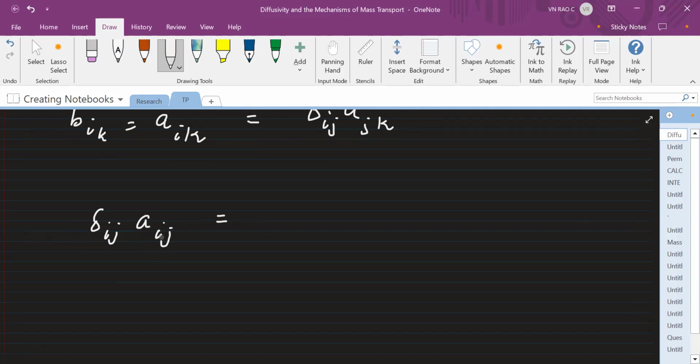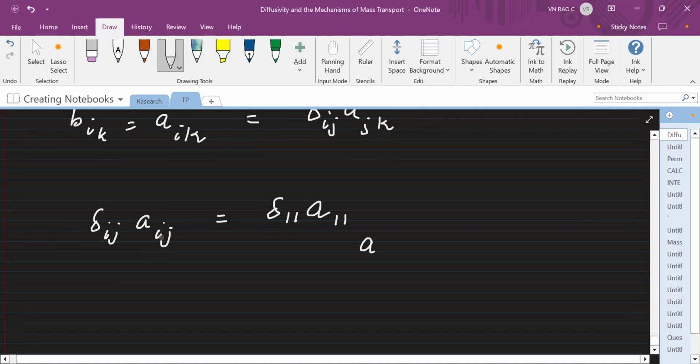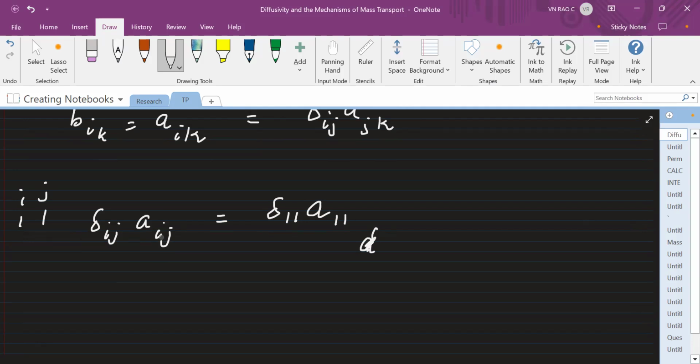You can actually think of delta 11 a11. J2 has no meaning now. So this becomes only a11. So if I take i as 1, j as 1, I'm getting this one, whereas this is nothing but a11.